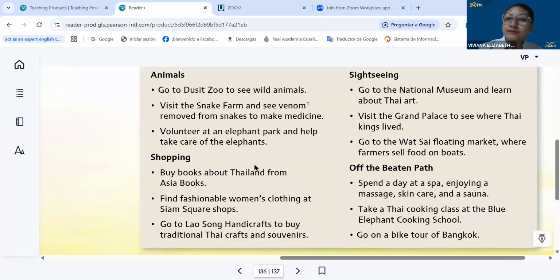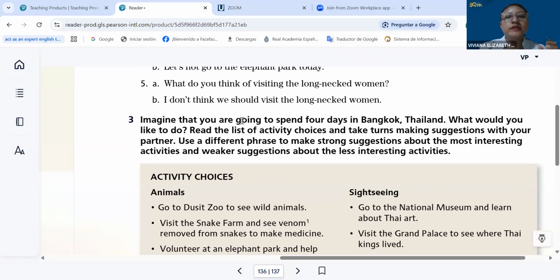Yes, no? Tell me, please, before you go to the breakout rooms. Please repeat. Okay, I'm going to repeat again. First of all, you are going to classify all of those activities as most interesting or less interesting in your group. After that, you are going to practice a conversation by making suggestions. Remember that you are going to spend 4 days in Bangkok, so you are tourists.